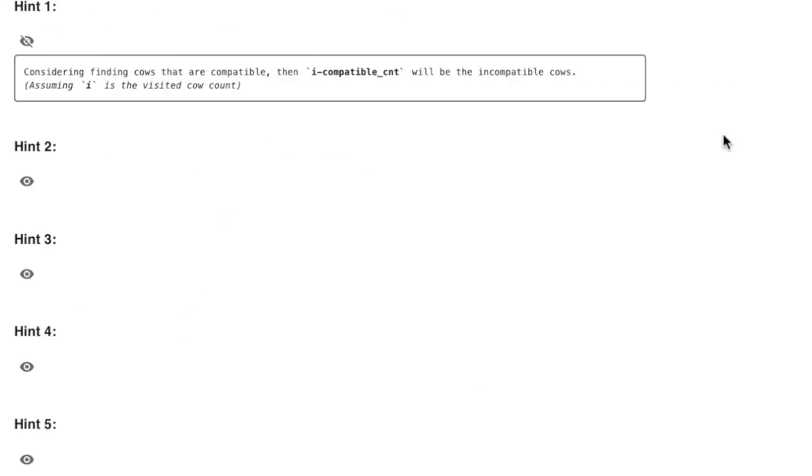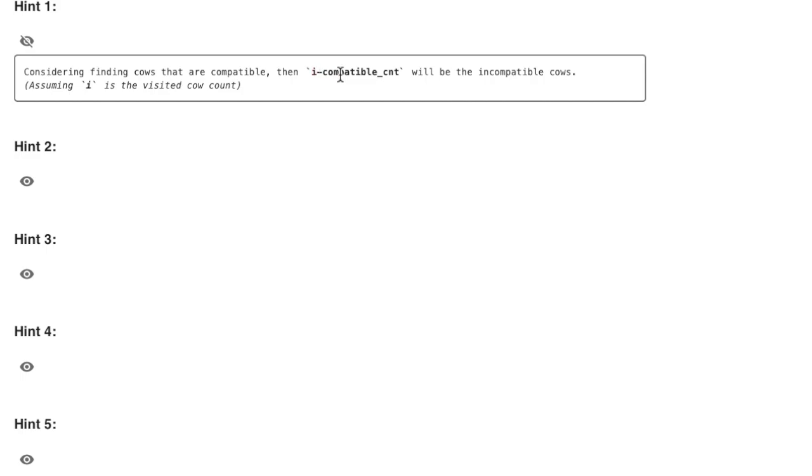So first things first, instead of thinking about how to find the incompatible cows, let's think about how to find the compatible cows that one cow can have. If you can find the compatible cows, you can essentially also figure out the incompatible cows pretty easily. For example, if you iterate over cows from 0 to n-1, which is their index, then I will be the number of cows that are already visited.